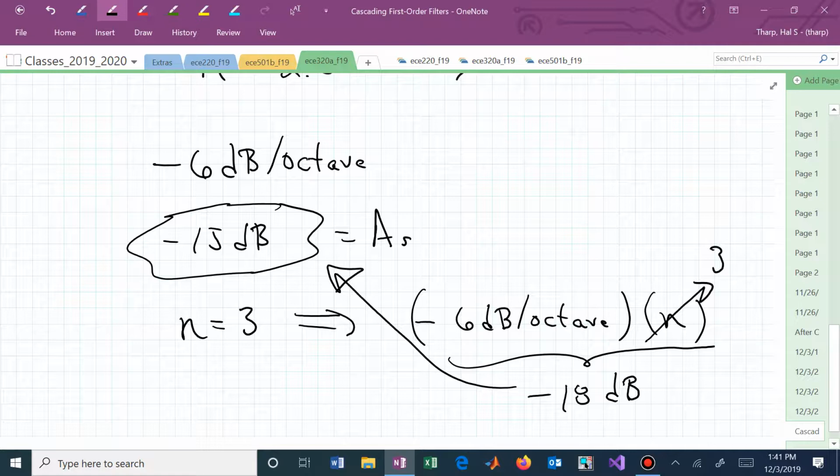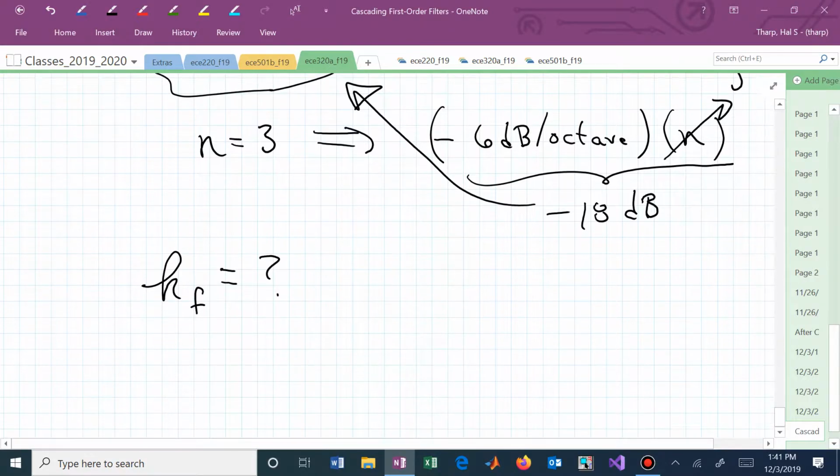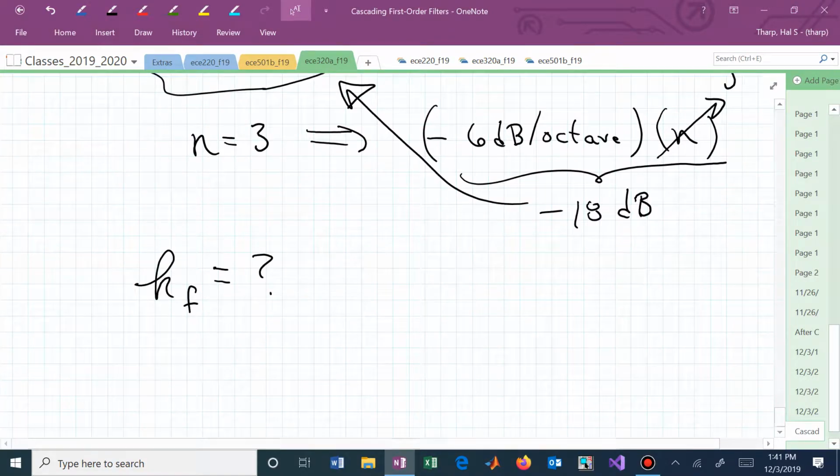Now we know that what is our K sub F? What's our frequency scaling? How do we determine that?